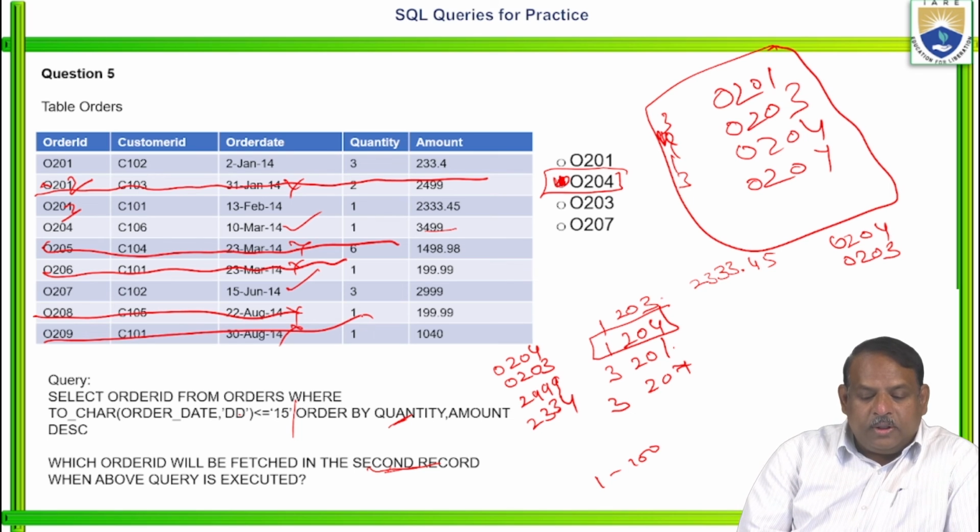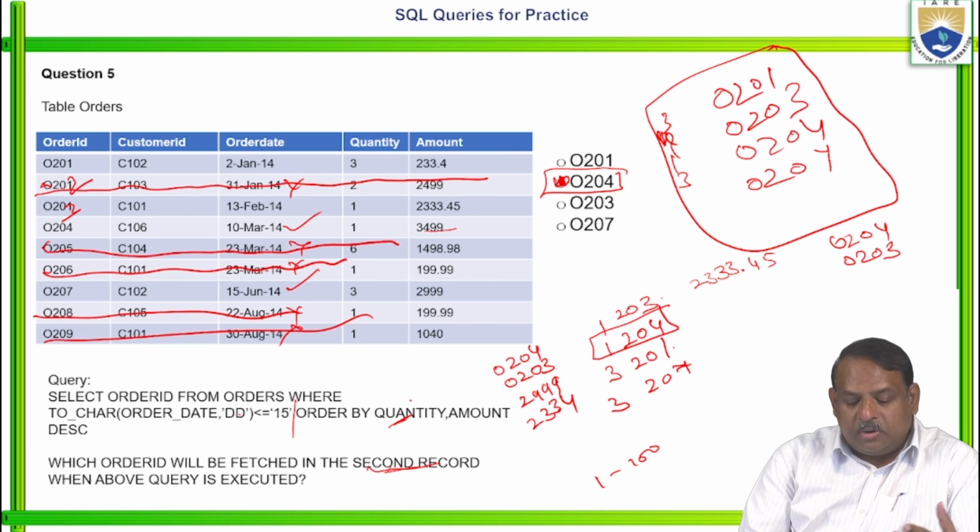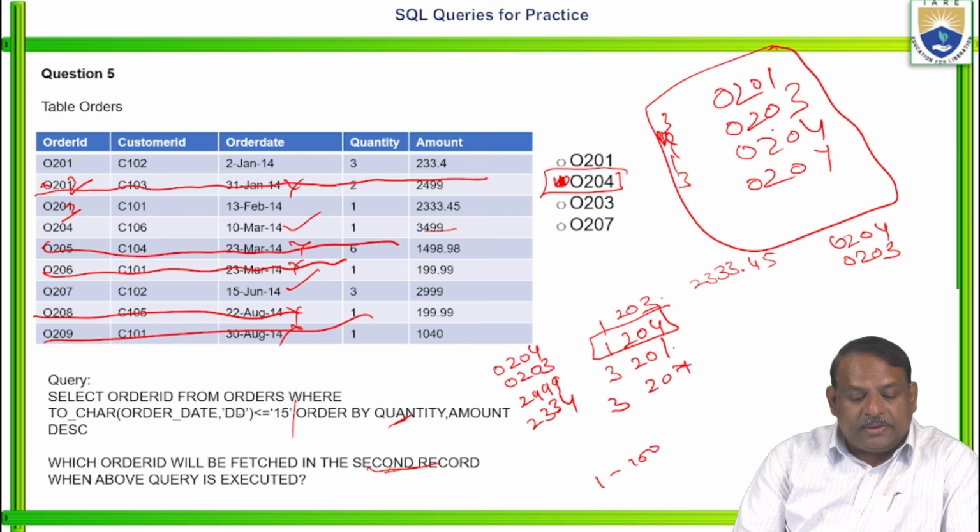So we are left with 201, 203, 204, and 207. Next we have to order by quantity, which is ascending, lowest to highest. 203 and 204 are 1 and 1, and 201 and 207 are 3.